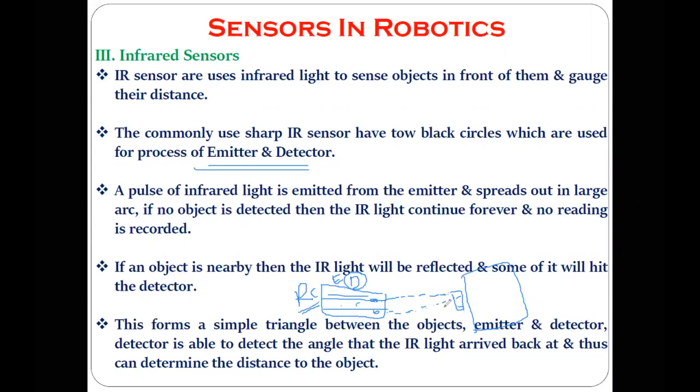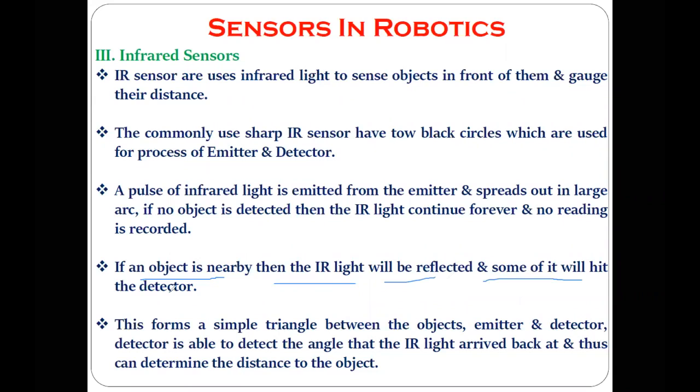If the object is nearby, then the infrared light will be reflected and some of it will hit the detector. So this forms a simple triangle between the object like the set-top box, your emitter and the detector. The detector is able to detect the angle at which the infrared light comes back, and thus it can determine the distance to the object.